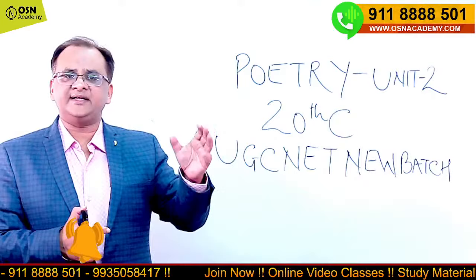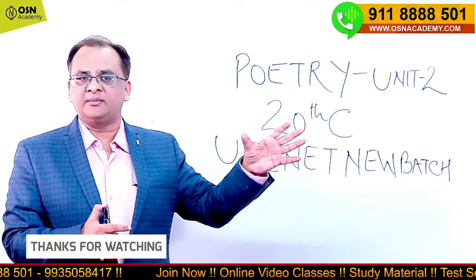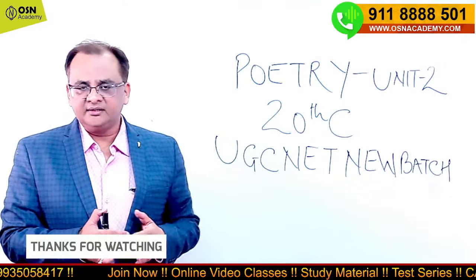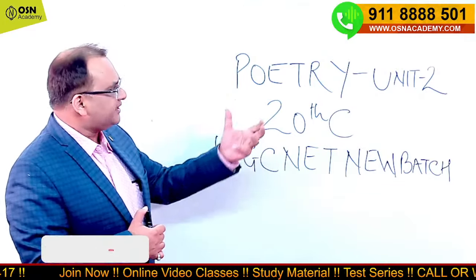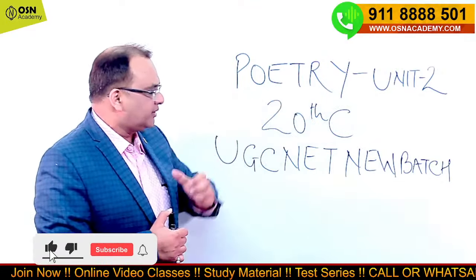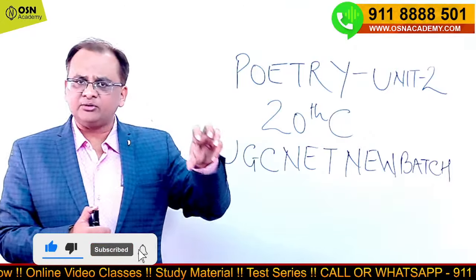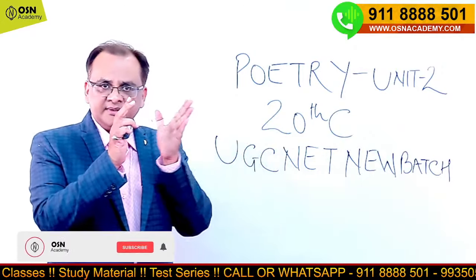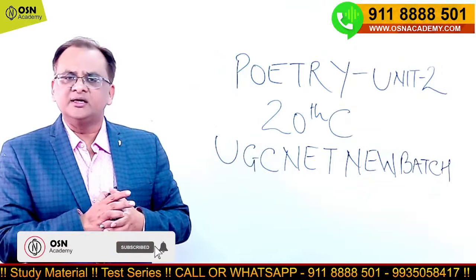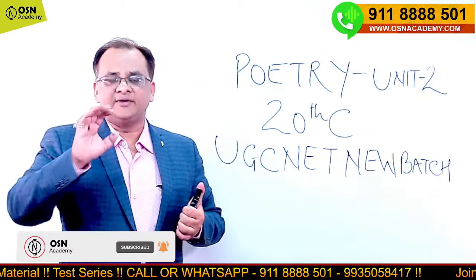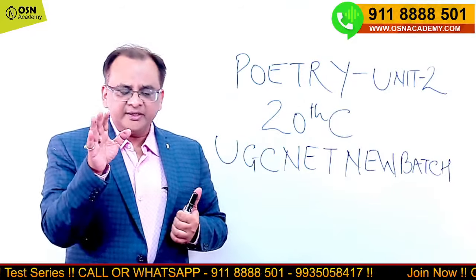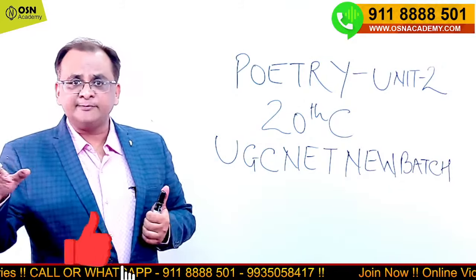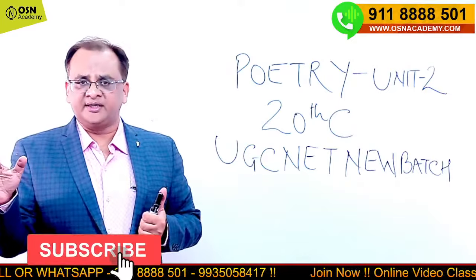A few days before, I had taken a session on drama also, which you can see in my channel. The second unit is called poetry, and in this unit I am taking the area of the 20th century, which students generally leave out. And today you will be able to understand why this portion is very important.